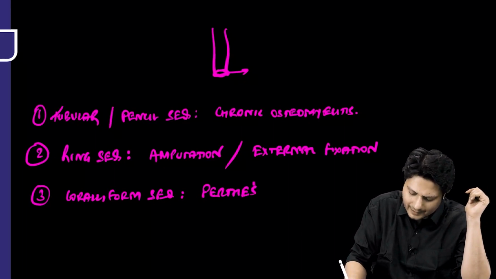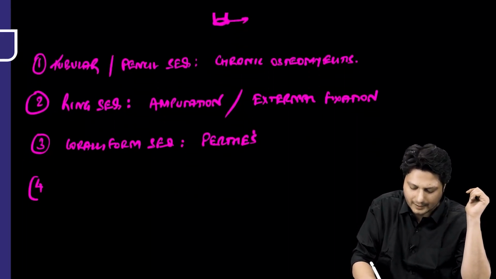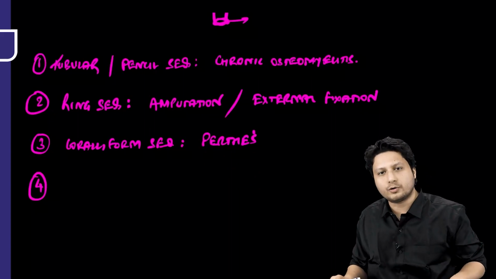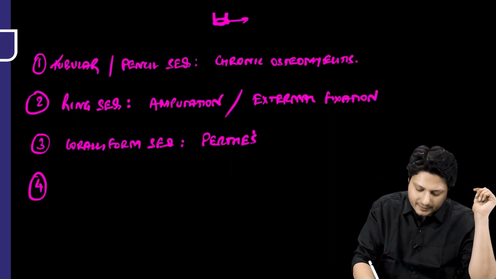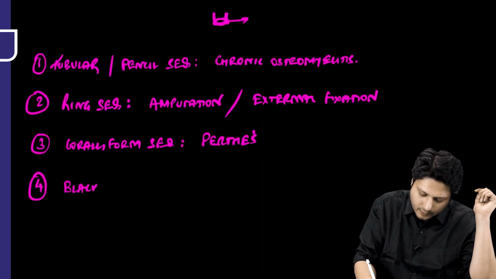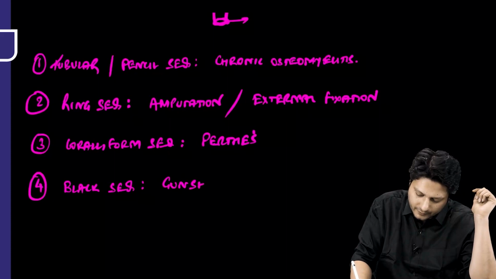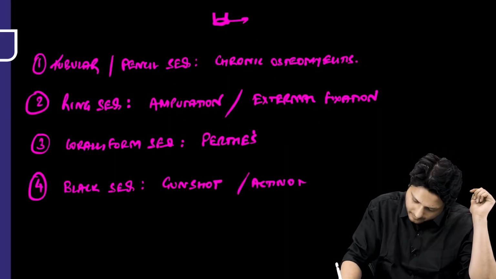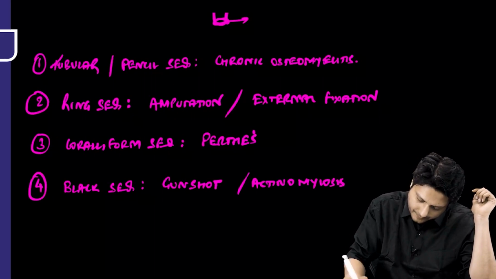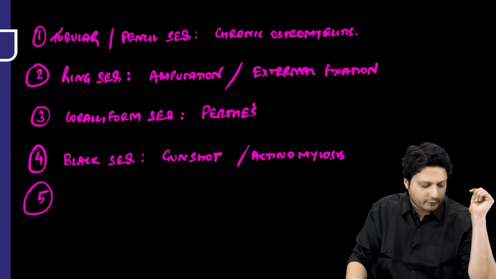We will come to know what exactly Legg-Calve-Perthes disease is, but at this point of time, you just have to remember, as I told you, these are the eponymous sequestra. Then black sequestra is a feature of gunshot as well as actinomycosis. This is something that you have to mug up.